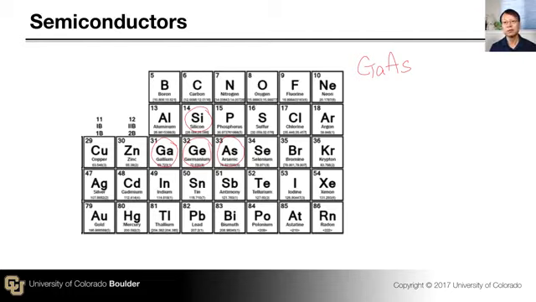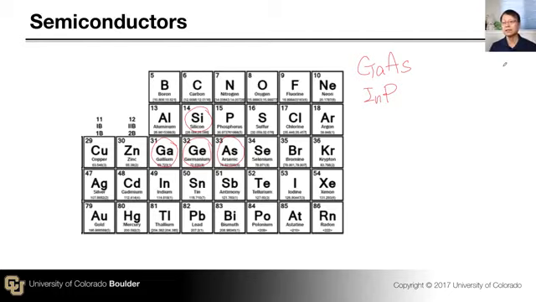Another example of a 3,5 compound semiconductor is indium phosphide.